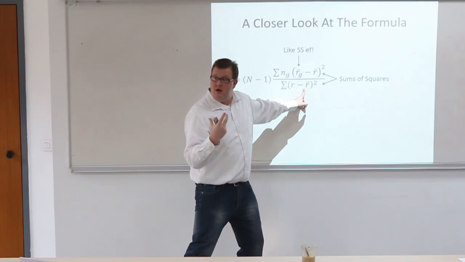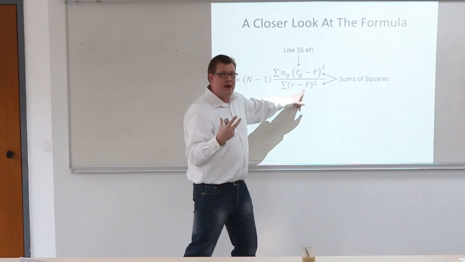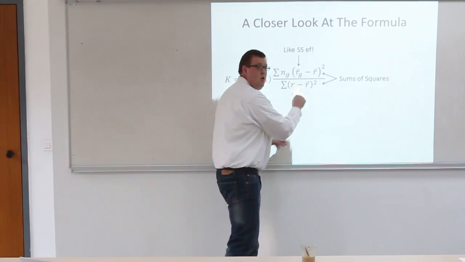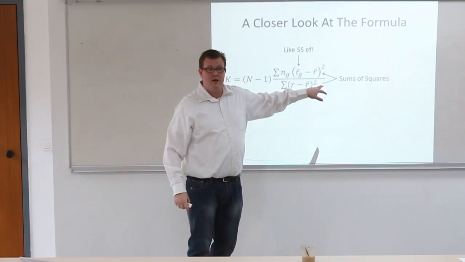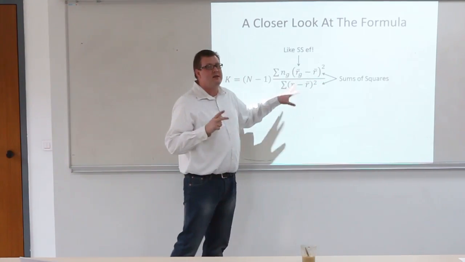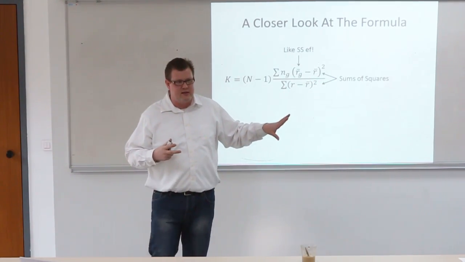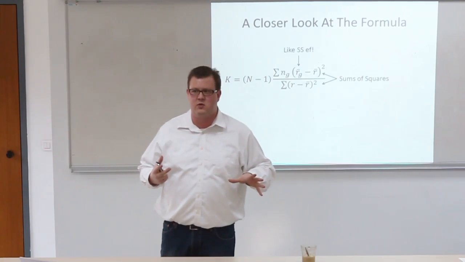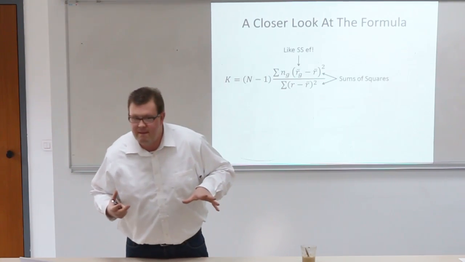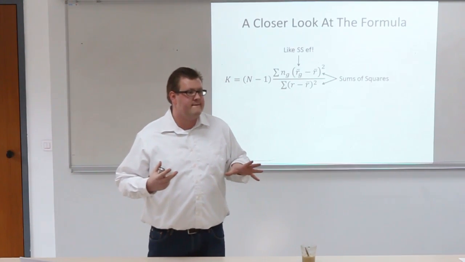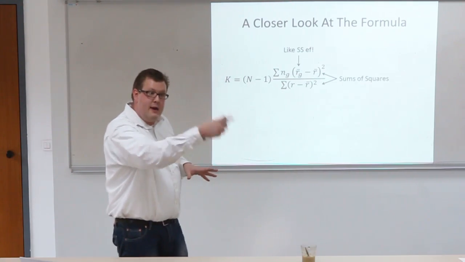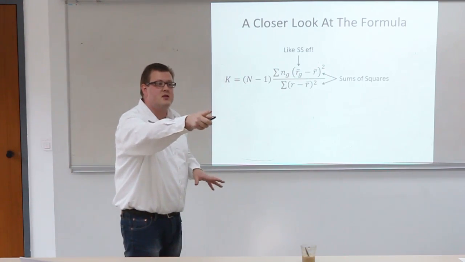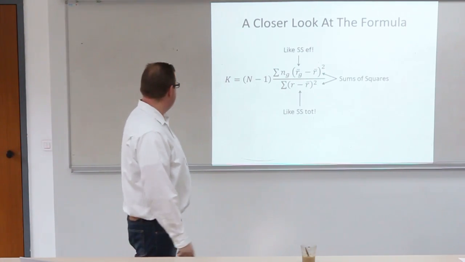Yeah, when we were doing ANOVA, the sum of squares for the error was each score minus the group mean. So this is not like the sum of squares for the error. Instead, this is like a different type of sum of squares. We subtract each rank from the grand mean. Each rank from the grand mean, that's like the total sum of squares.